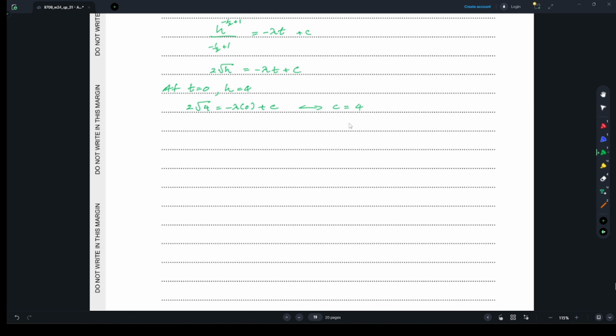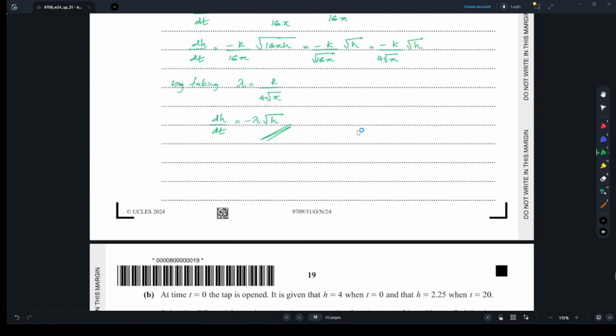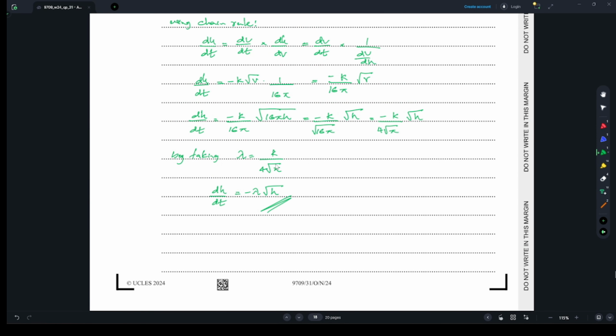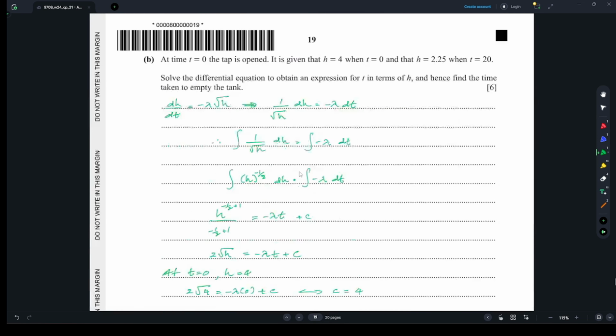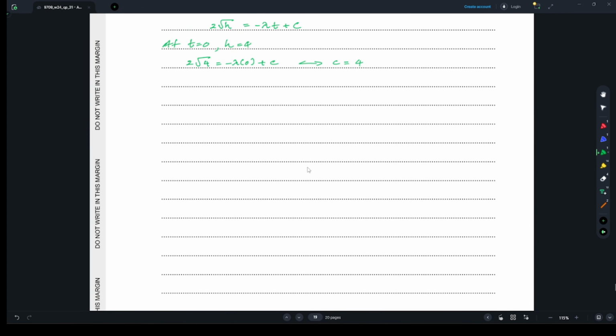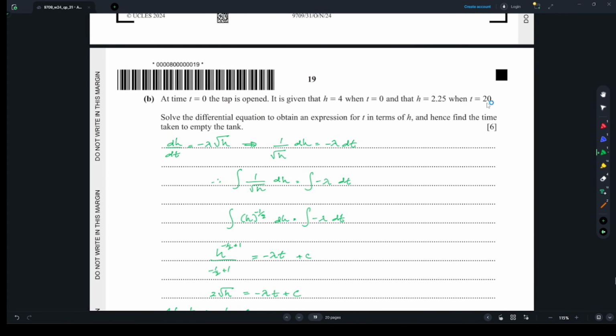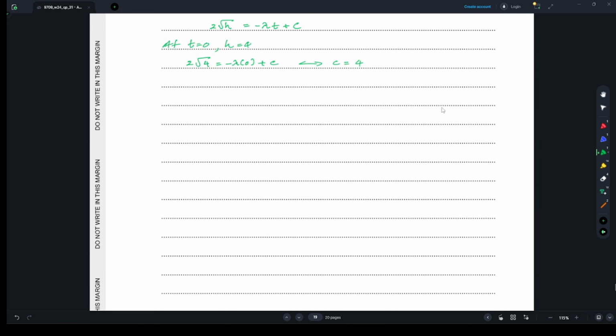Okay, and then also we don't know this lambda value, right? Because previously lambda is in terms of k, so we don't know k value. So you have to find that one also. That's why they gave you the second condition. So at t equals 20, h equals 2.25. Again, we can substitute that into the equation.